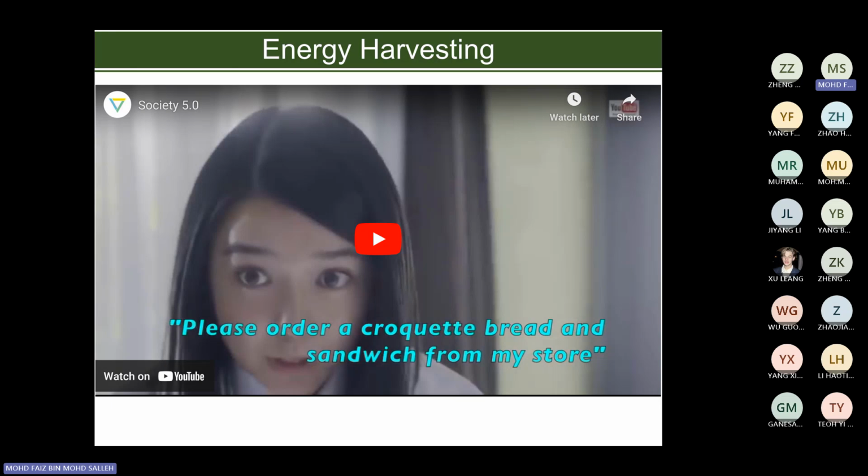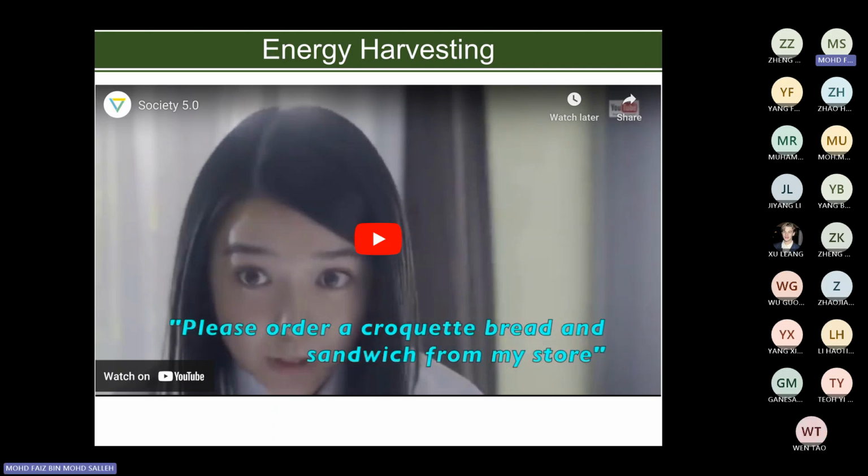That is the target. So to make this kind of thing happen, we need the power source. Portable, long life, and so on. One of it is battery, and other than that is energy harvesting. So in our daily life, in Society 5.0, we want to have the drone, we want to have the sensor following us.